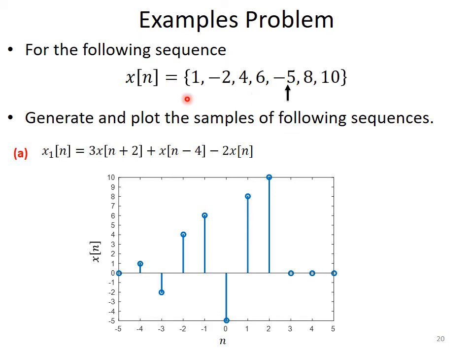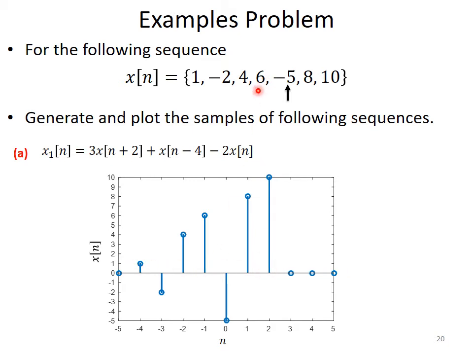So this is the representation of x of n, and this is how it is graphically represented, right? The sample at n equal to 0 is -5. At n equal to 1, we have sample value 8, and at n equal to 2, we have sample value 10. All other sample values are 0.